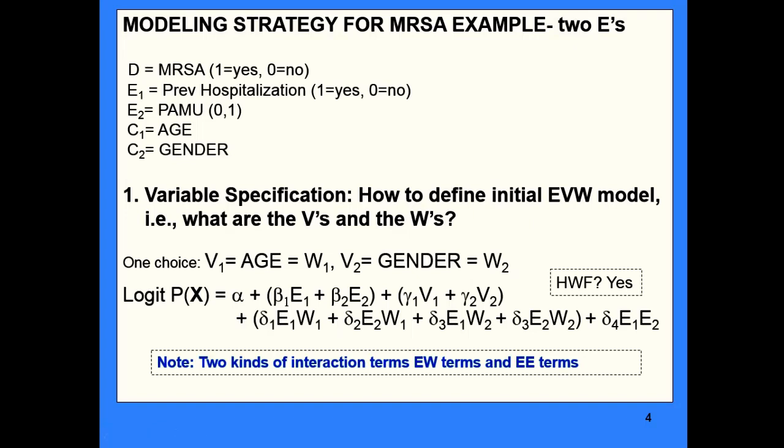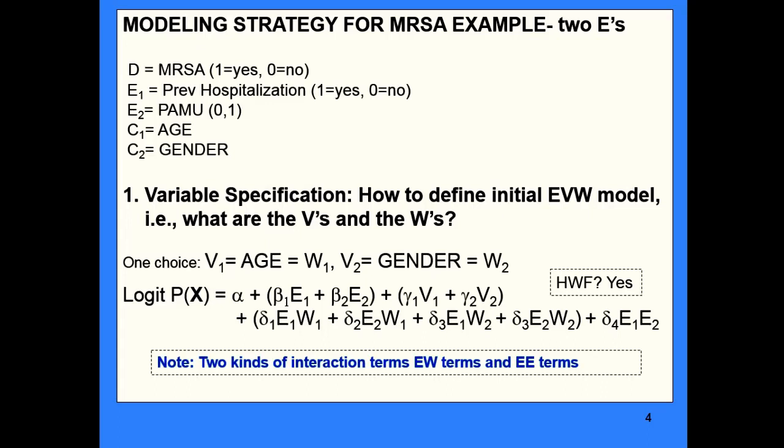And I said, if you remember, that when there's two or more exposure variables, two or more E's, you get another complication in the modeling strategy because you have two different kinds of interaction terms: interaction terms of E's with V's or E's with W's, and E's with C's, and then interaction terms of E's with E's, exposures with other exposures.